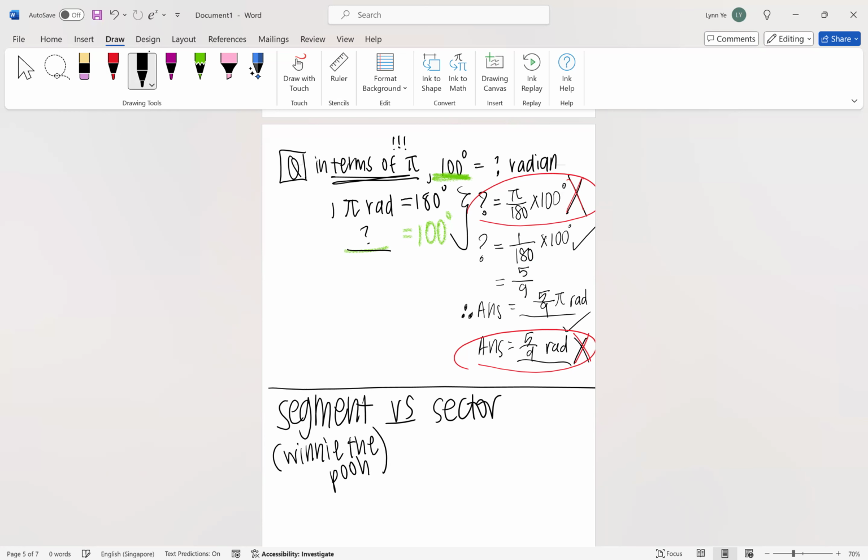How does Winnie the Pooh look? What's so special about this bear?